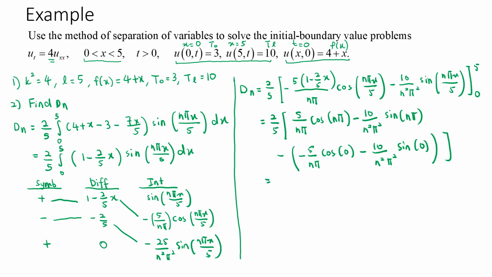So substitute cos n pi, which we get negative 1 to the power of n. Sine n pi equals 0, cos 0 equals 1, sine 0 equals 0.